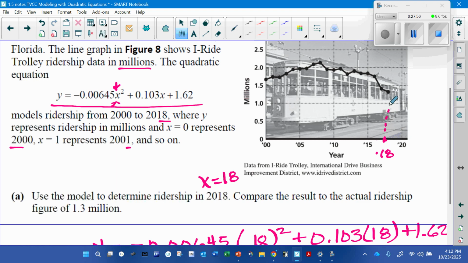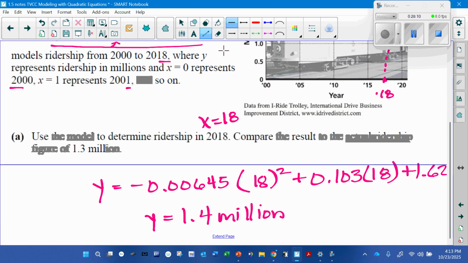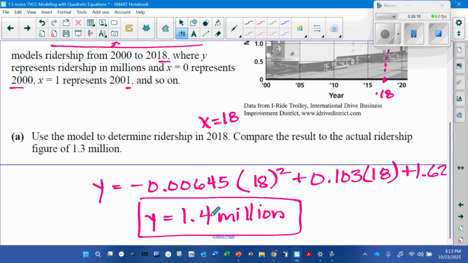We go up and look, and if you do a straight line from this point over, it's a little bit less than 1.5 million, and that's what we got, 1.4 million. So our math does correlate with the picture.